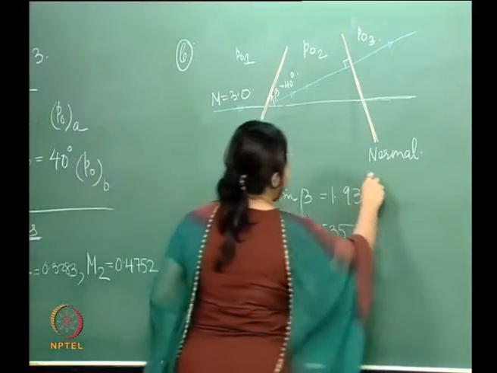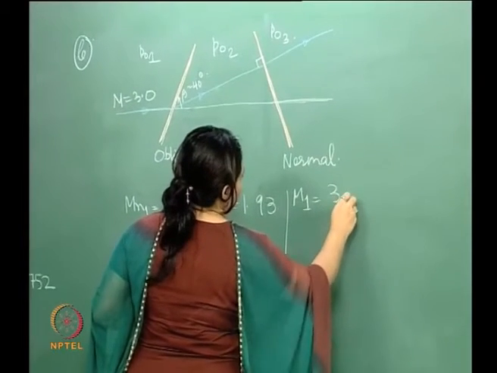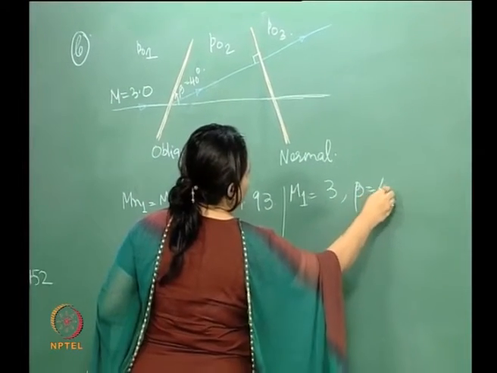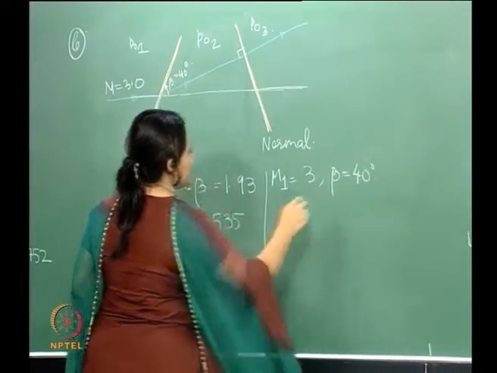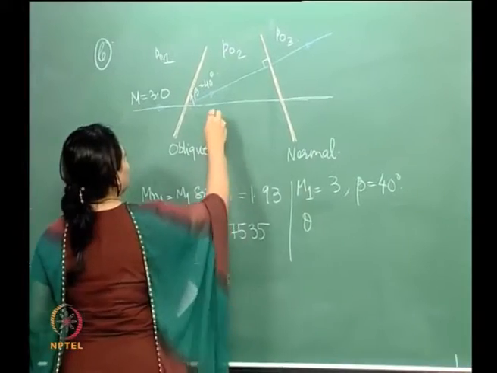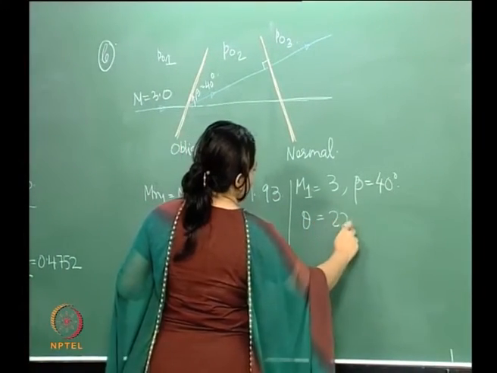So corresponding to M1 equal to 3, and a shock wave angle of 40 degrees, we go to the theta-beta-M relationship and calculate the deflection angle to be 22 degrees.